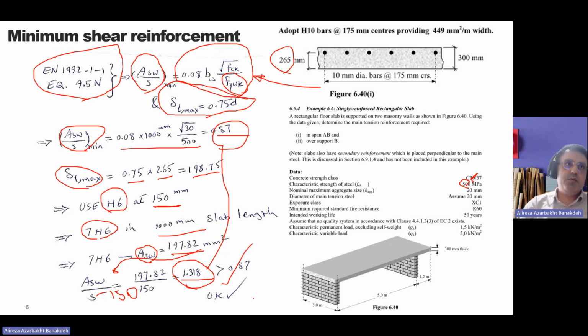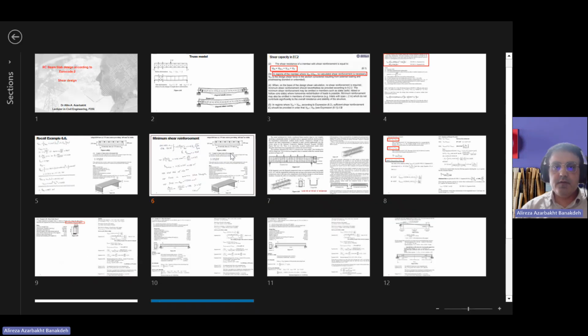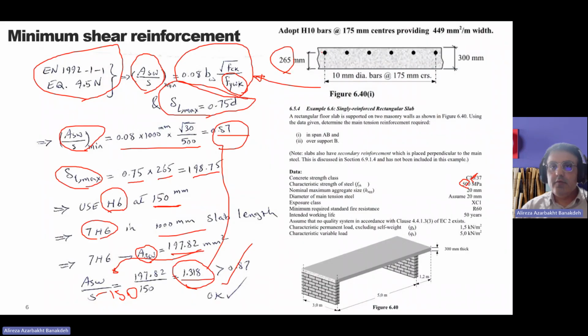So we need to put only one layer of shear reinforcement at the top of the longitudinal reinforcement, and we'll continue this to the end, and we'll bend it like this. Please note that we don't have 2 layers of shear reinforcement in slabs like this.